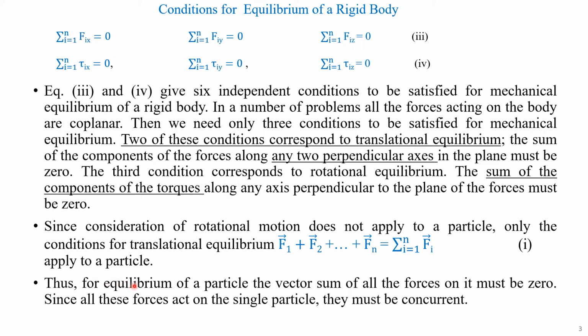Thus, for equilibrium of a particle, the vector sum of all the forces on it must be 0. This is equation 1. Since all these forces act on a single particle, they must be concurrent. That means all the forces must be acting on a single point.